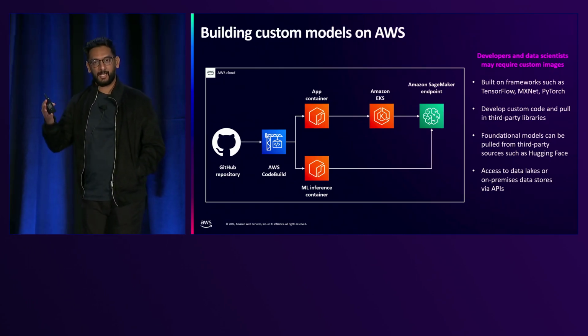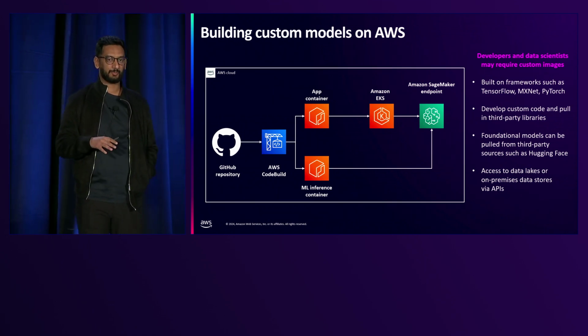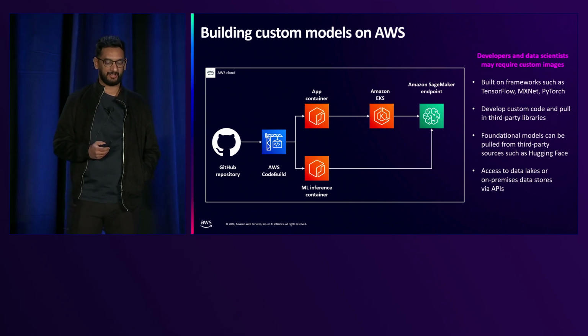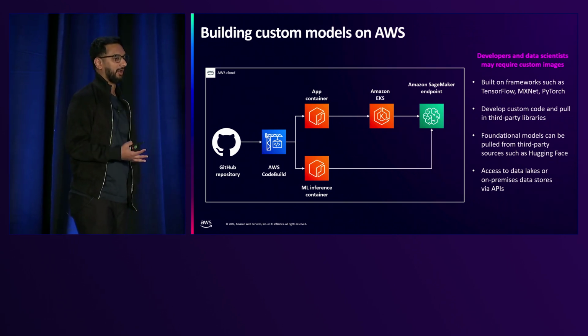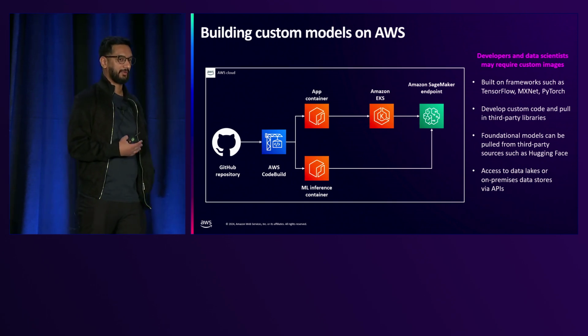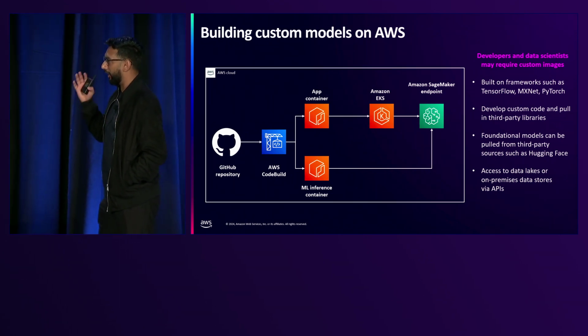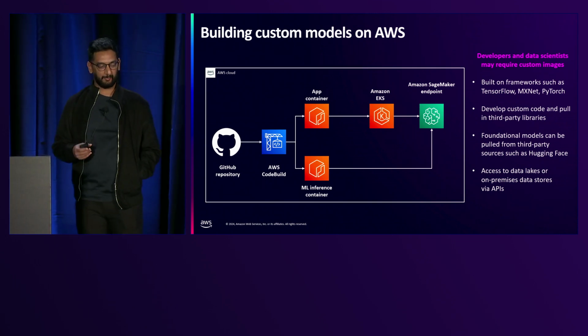Typically, developers not only pull those specific libraries, but they're building custom code and maybe adding additional third-party libraries as well. And of course, with foundational models, if you start off there, you're also pulling from third parties and fine-tuning it. And there's also access to data lakes or on-premises data stores via APIs.